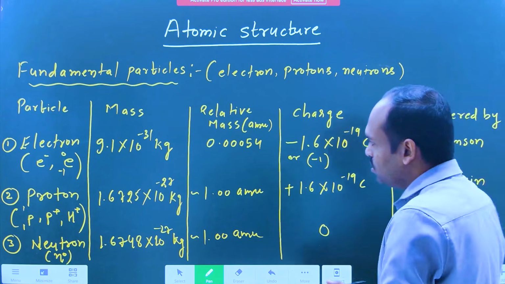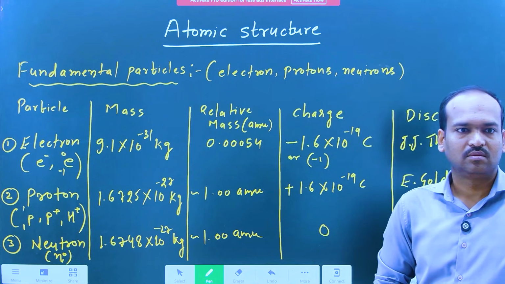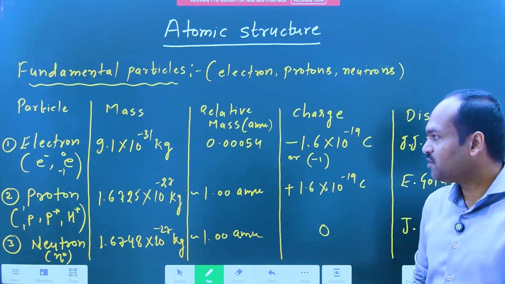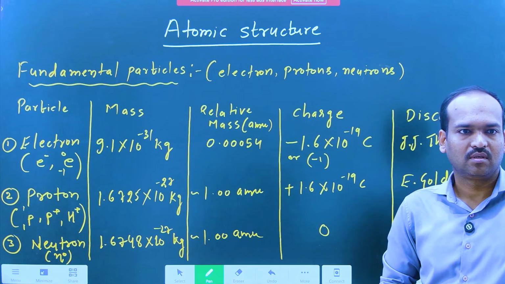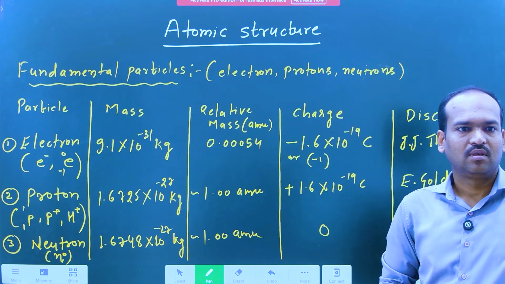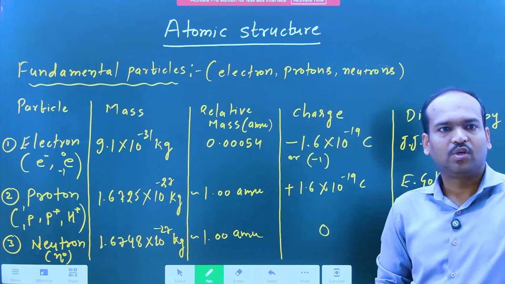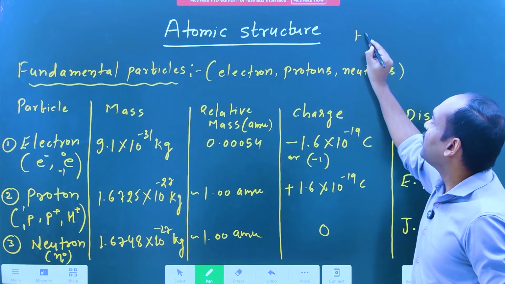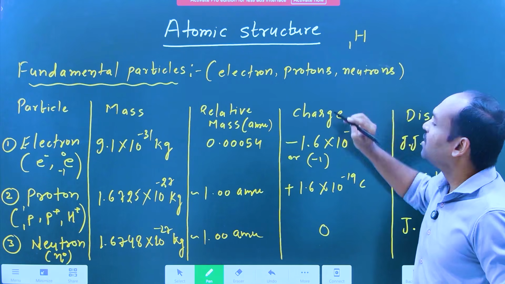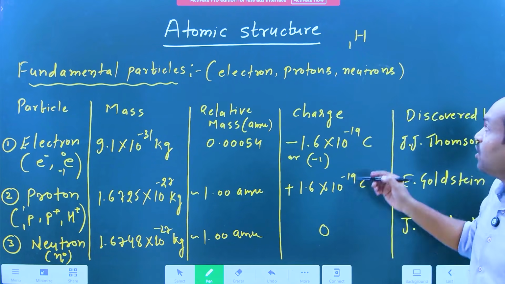So why can I use H plus as a symbol of a proton? Basically, a hydrogen atom consists of one proton and one electron.